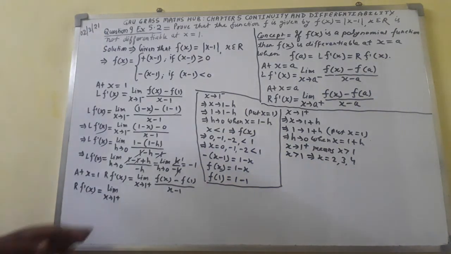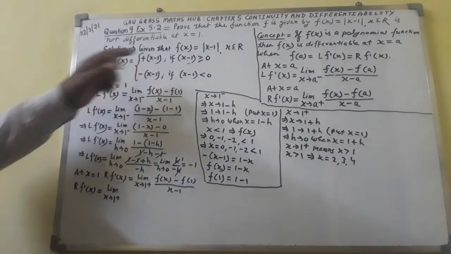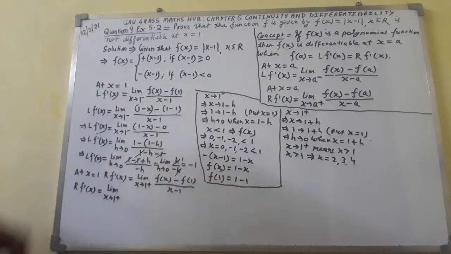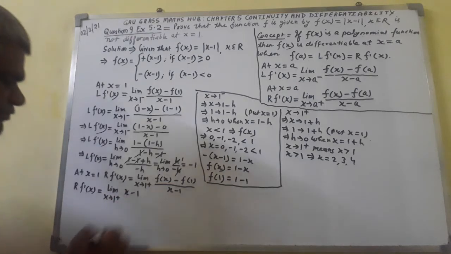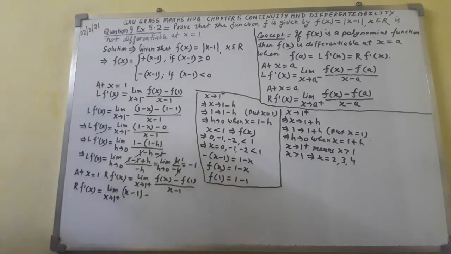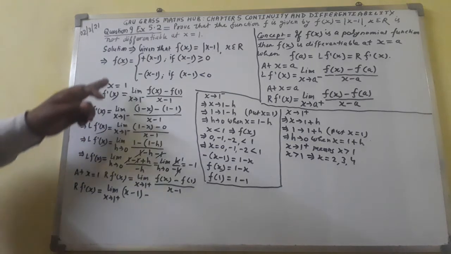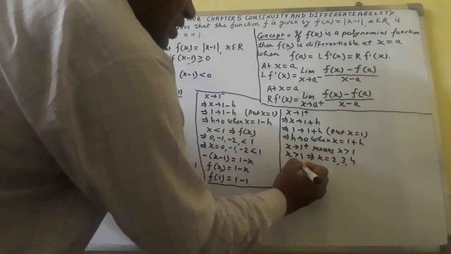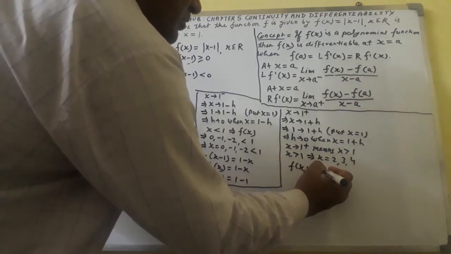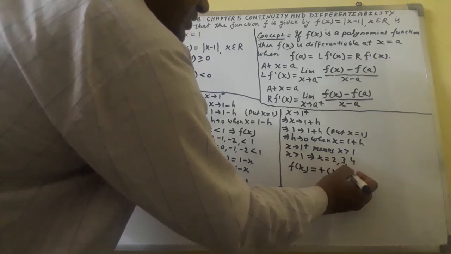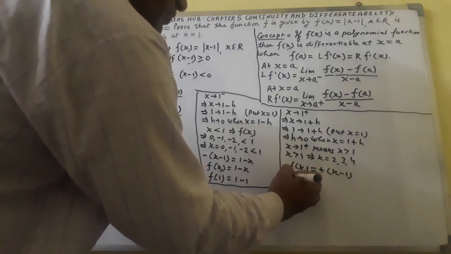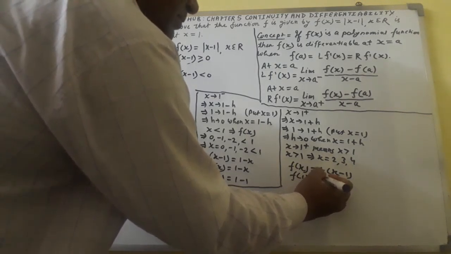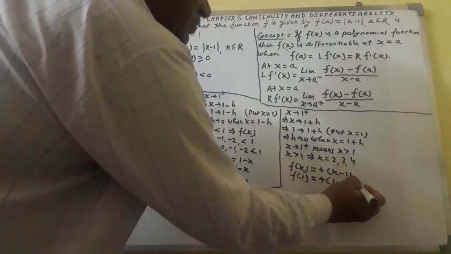So here I shall write the function will be x minus 1. So in place of f of x, I shall write x minus 1, in bracket, minus f of 1. f of x you have got equal to plus in bracket x minus 1. So if you put f of 1, it will become plus 1 minus 1, which comes out to 0.